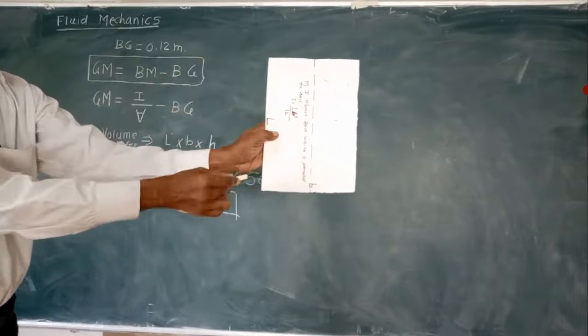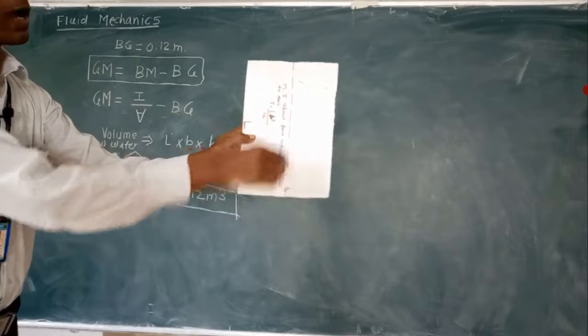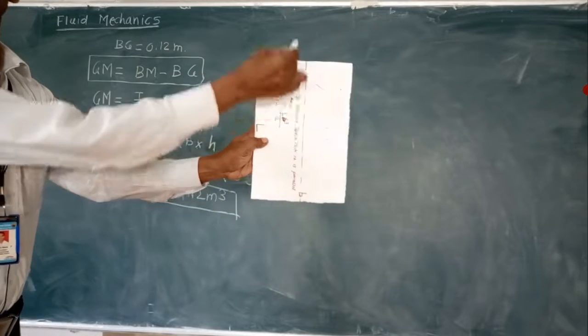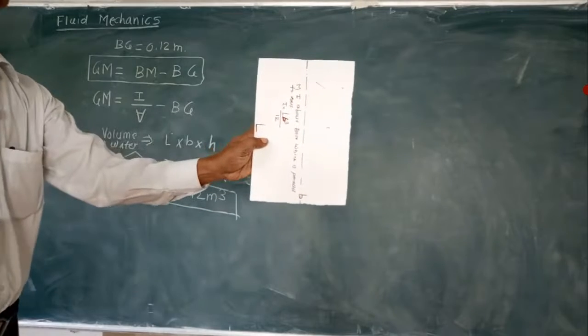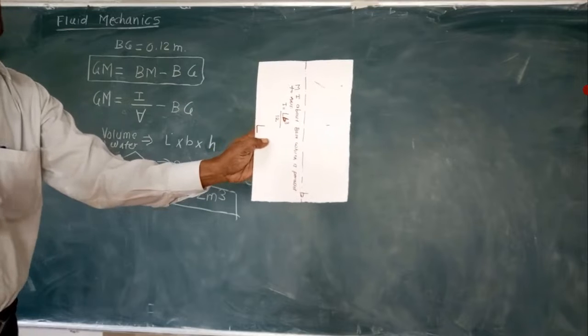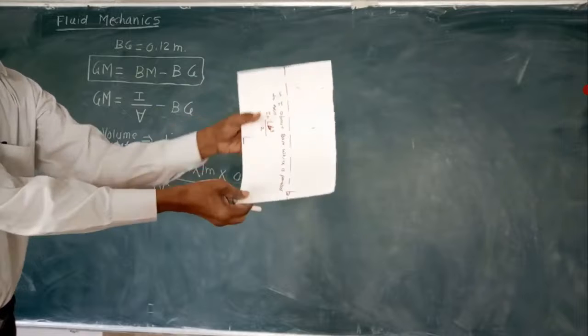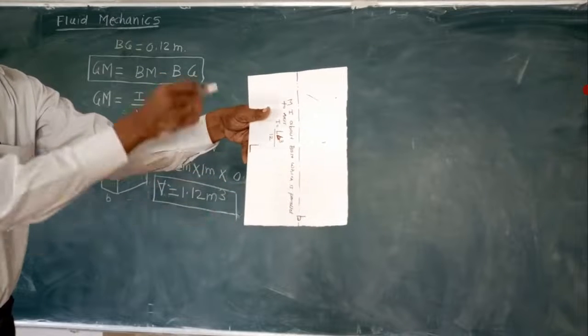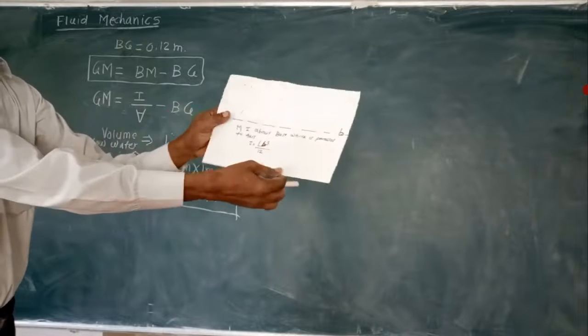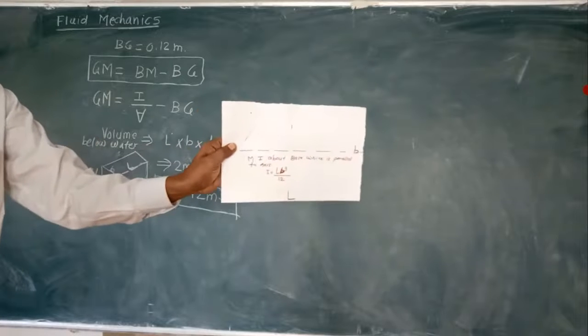This is the length of the ship, this is the width of the ship, and this line is the axis. So we have to write the moment of inertia formula about this axis.